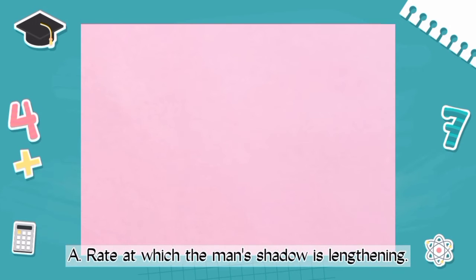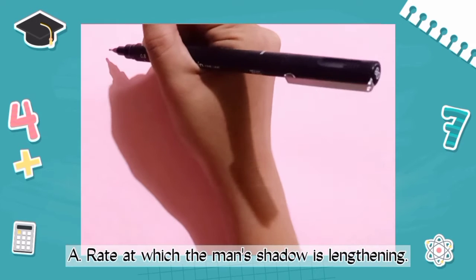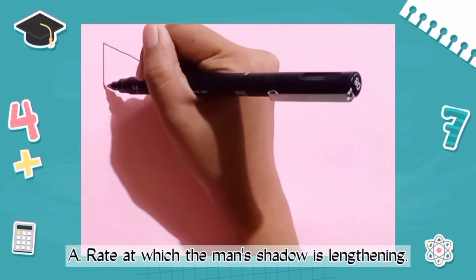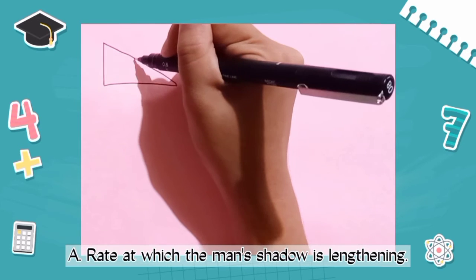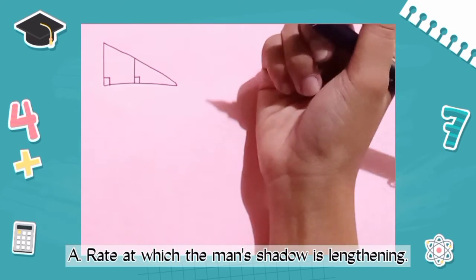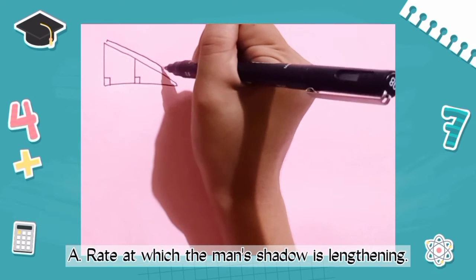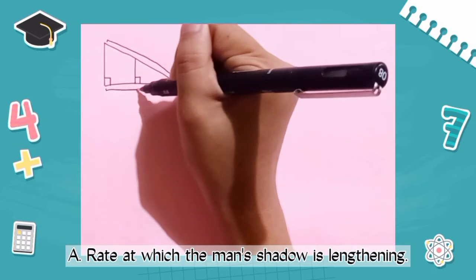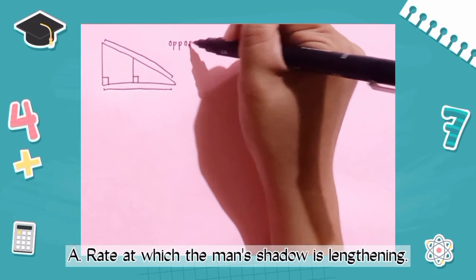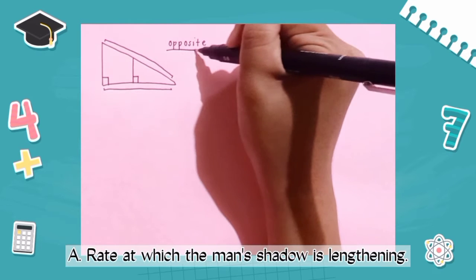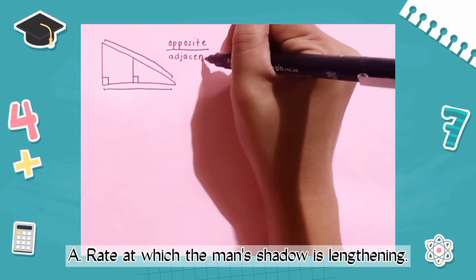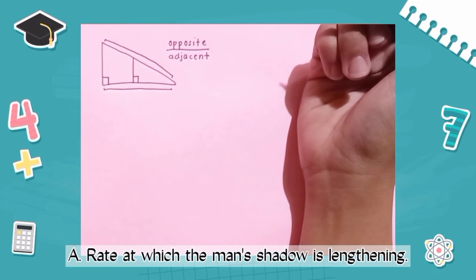Problem A. As we can see in figure 3.8, the building with a post, a man, and its shadow. We can compare it to this right triangle with a small right triangle inside. With that, we can use the trigonometric identity tangent, which is opposite over adjacent, to our two right triangles.